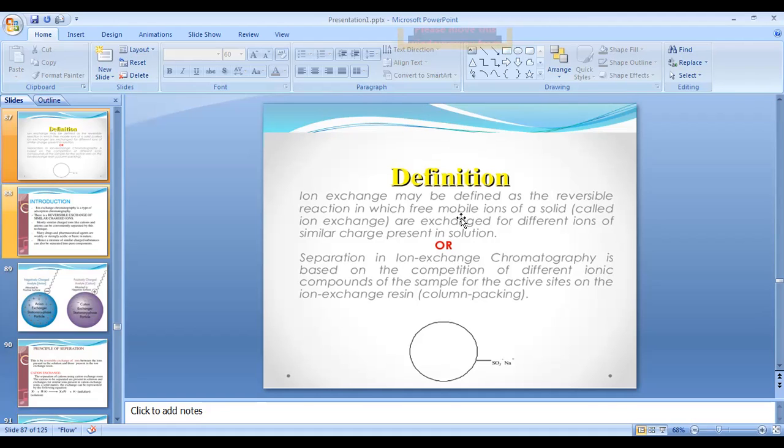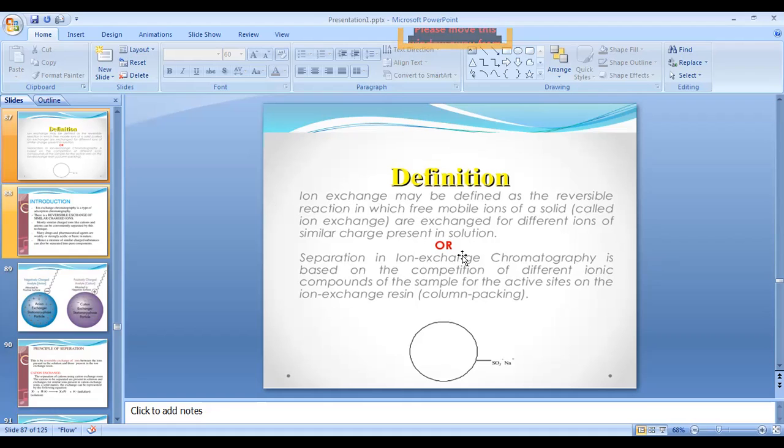When we introduce the mobile phase. Our mobile phase also contains ions, so these ions will replace the first adsorbed ion. That's why it is called a reversible reaction. So we can say a reversible ion exchange reaction takes place during this whole process.